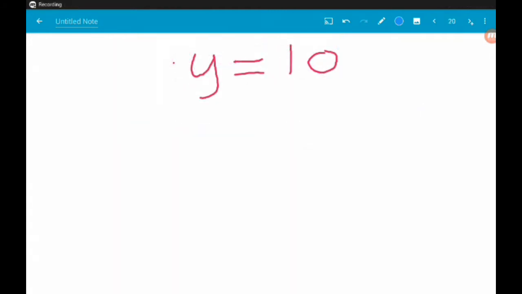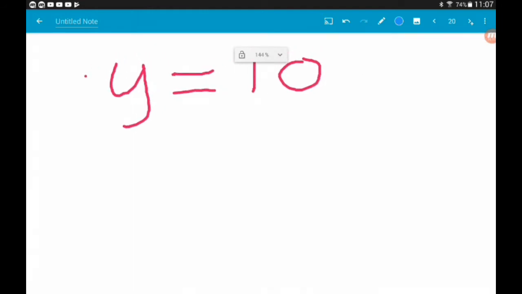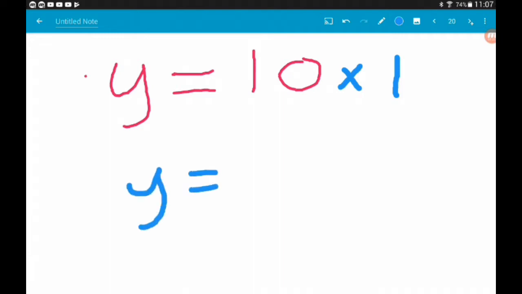Okay, what happens if we try to differentiate a constant term then? So a constant with no variable, no x term. Well, here we've got y equals 10. So we can think of this as y equals 10 times 1. Now, in the previous example, we just reminded ourselves anything to the power of 0 is equal to 1. So we could say here, we've got y equals 10 times x to the power of 0.